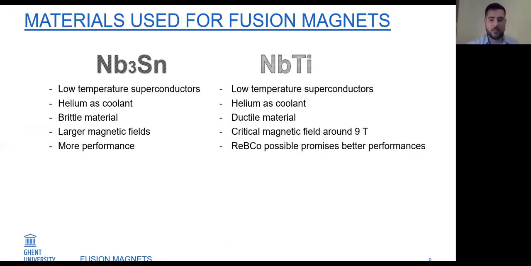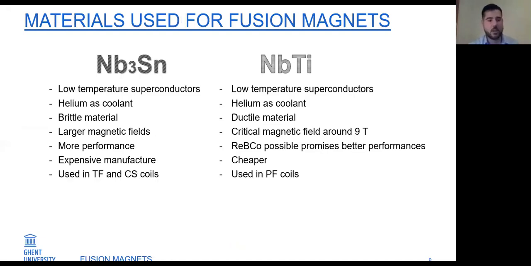That means the first one gives more performance, but in the future, the niobium titanium can be substituted by REBCO tapes, which promise better performance. As I said, niobium tin is a brittle material and the manufacturing gets expensive, so it would be interesting to use the other one, but the niobium tin is necessary because of the larger magnetic fields.